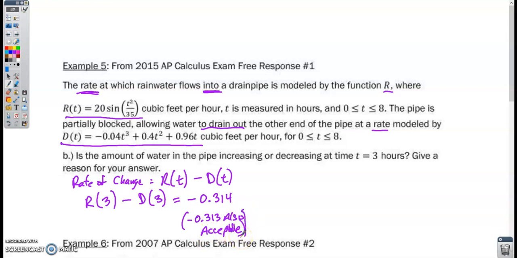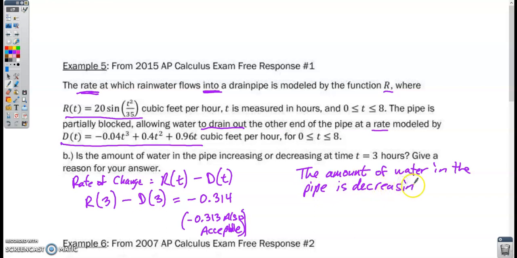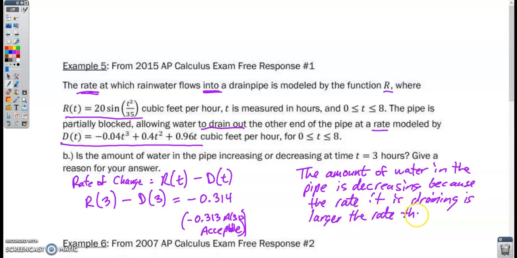Is the amount of water in the pipe increasing or decreasing? The amount of water in the pipe is decreasing because the rate that it is draining is larger than the rate that water is flowing into the pipe.